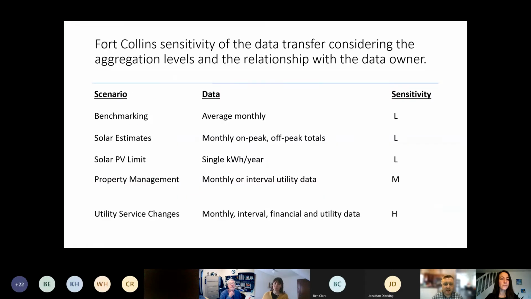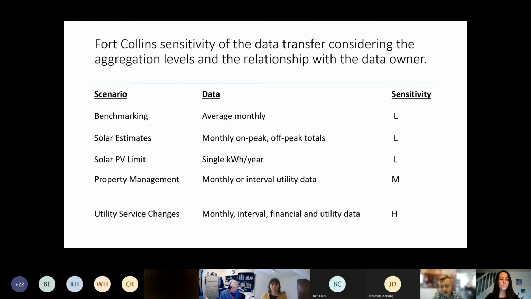So our data sets that we reviewed, that we thought would be the greatest benefit based on our survey of our customers or those third parties, are these different types of data sets, these different types of scenarios and data sets.